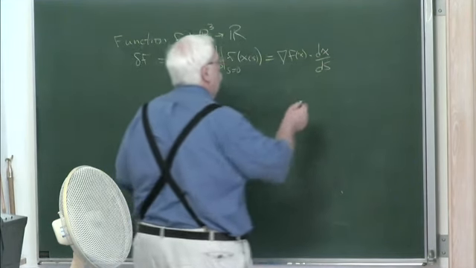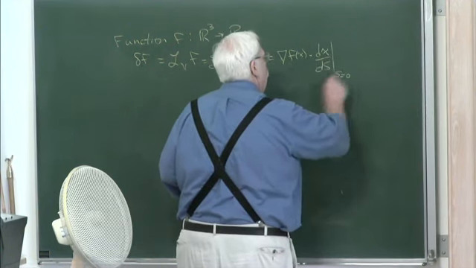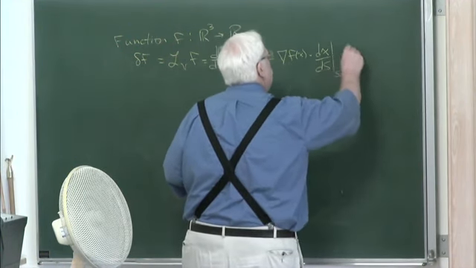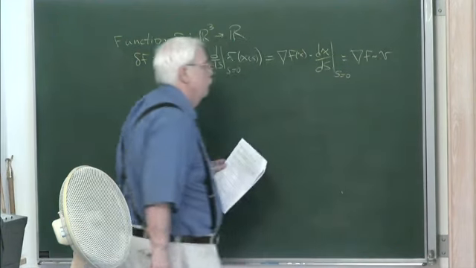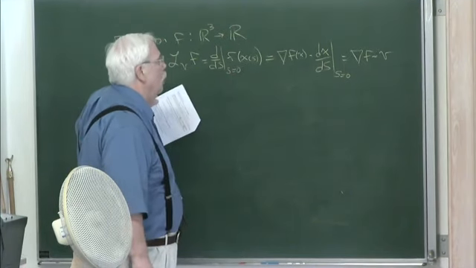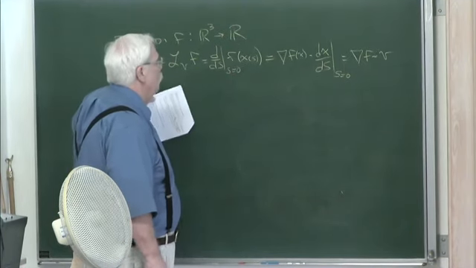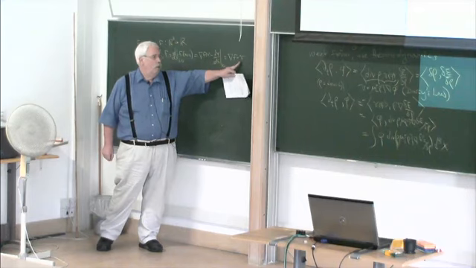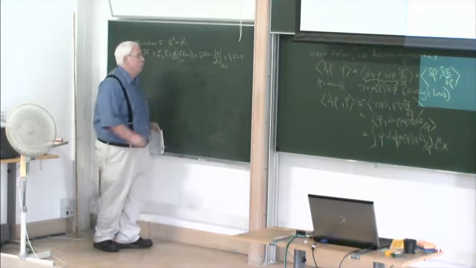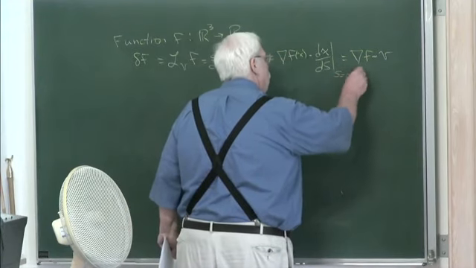But that, evaluated at s equals 0, is equal to grad f dot v. Right, this is the variation of a function in this direction v, and it's also the definition of the gradient.